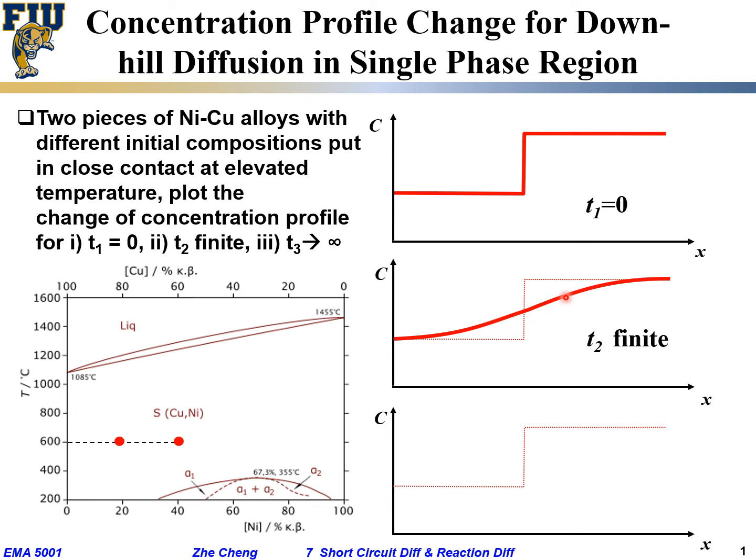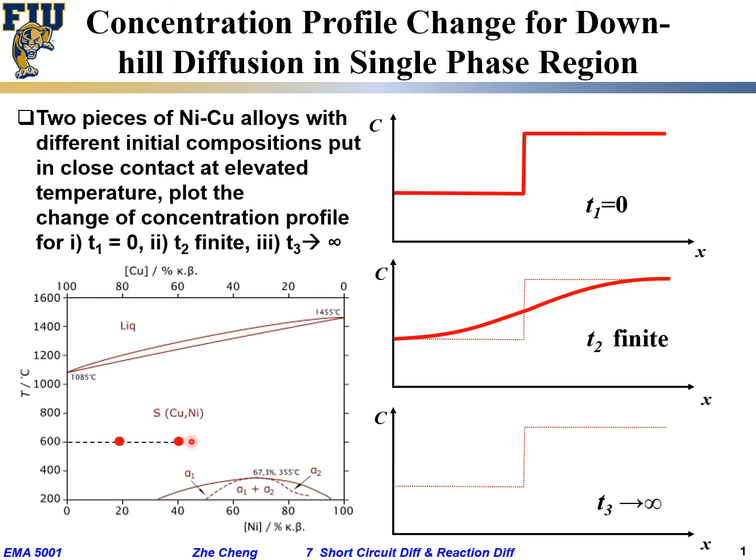And then the last one. When t goes towards infinity, very, very long time later, what is going to happen? Well, I'm in single phase region, right? Let's, for simplicity, assume this piece and that piece initially are similar size.